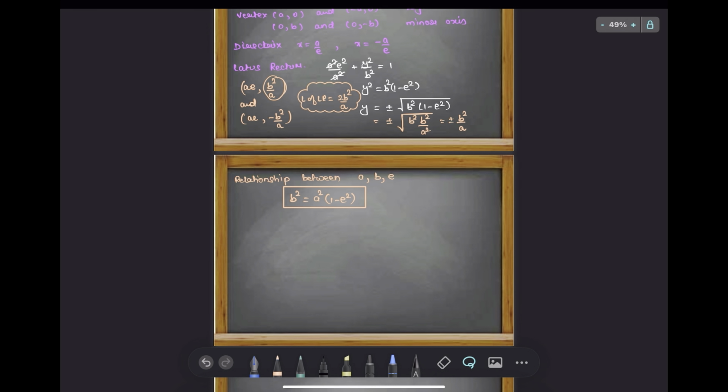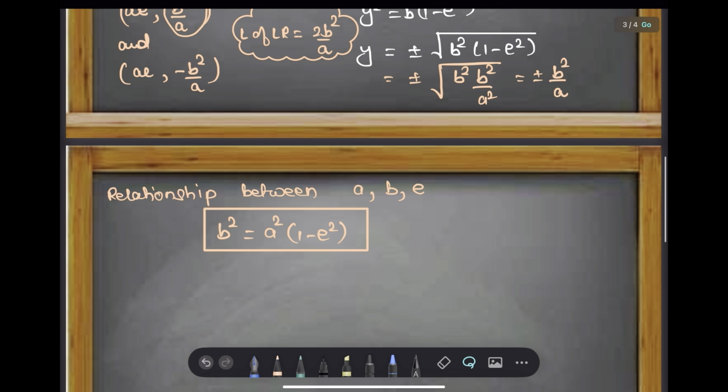Now this relationship is very, very important. It is much needed. So please try to hold great command over the relationship between a, b and e. You just have to take care: here we will have 1 minus e square for sure. If a is bigger, a will get trapped between them.